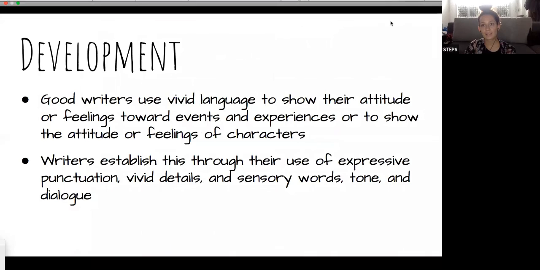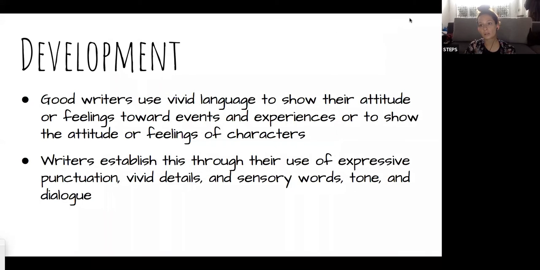We're going to talk about development, how to develop our story, how to develop our characters so our readers can really understand or feel how our characters are feeling. So, good writers use vivid language to show their attitude or feelings towards events and experiences, or to show the attitude or feelings of characters.